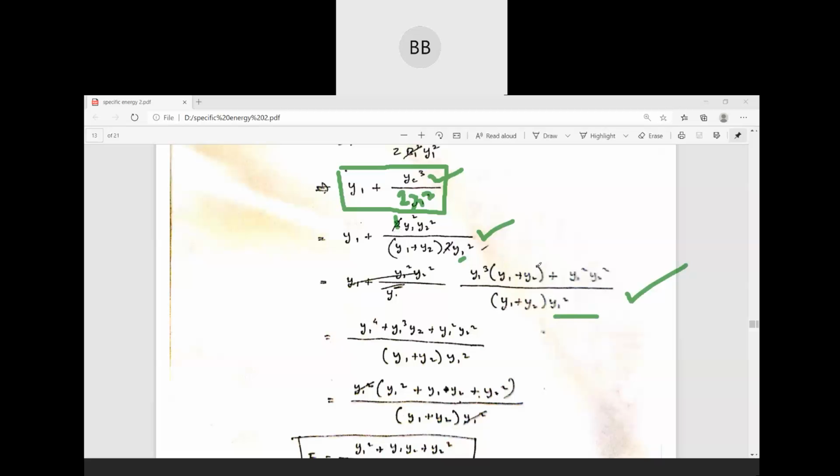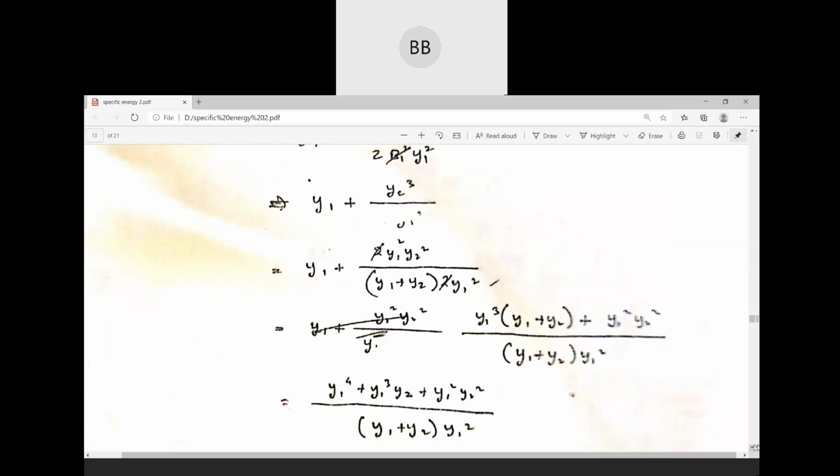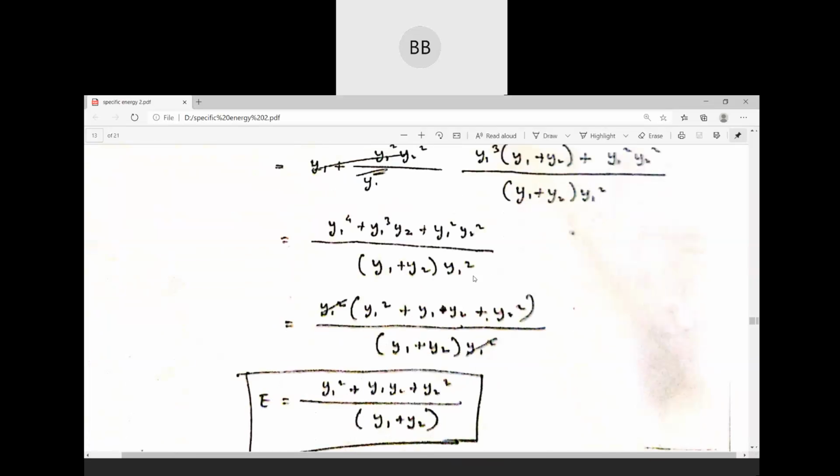Then if you break this bracket, it will be y1 to the power 4 plus y1 cube y2 plus y1 square y2 square, and in the denominator y1 plus y2 times y1 square. I think we have discussed till here.